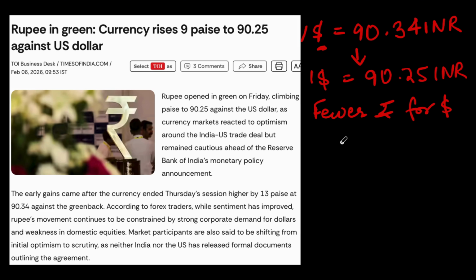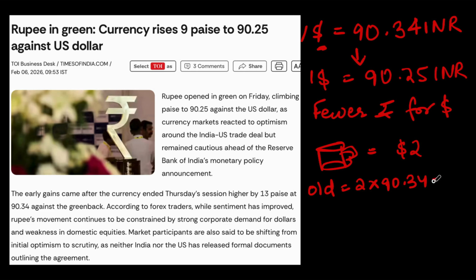Now let us understand it with the help of an example. Suppose you purchased, let's take an example of a mug, right? So if this mug is of $2, according to the old rate, if you would have purchased this, you would have paid 90.34 INR, which means 180.68.